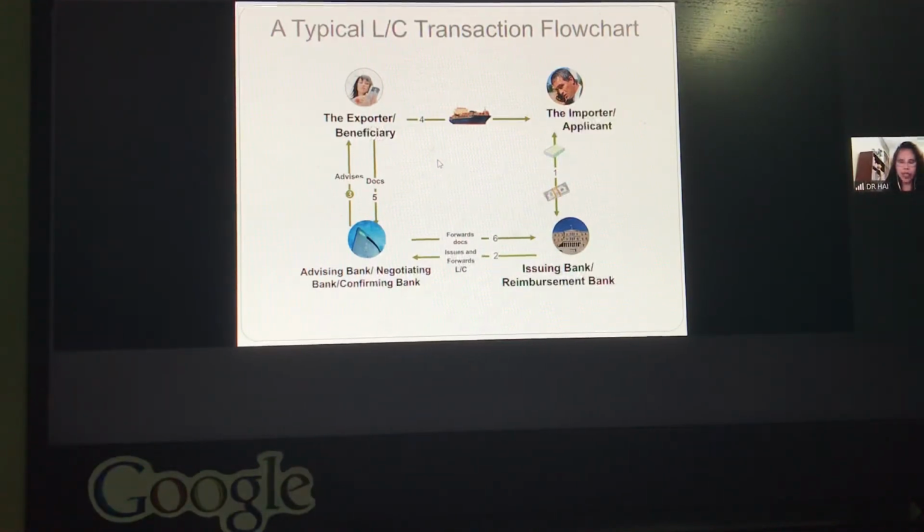Okay, so my question is, at step number 5, is there a financial document? Is there a BE, bill of exchange? Yes or no? 23, what do you think? Or only commercial documents like a commercial invoice, bill of lading, insurance documents, packing list, certificate of quality, certificate of quantity? What do you think?